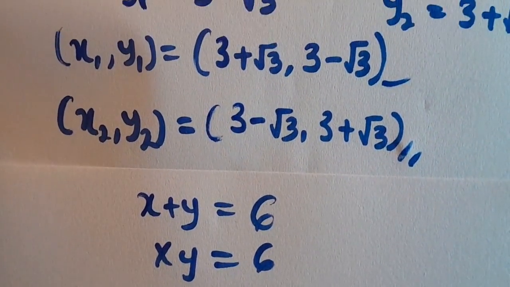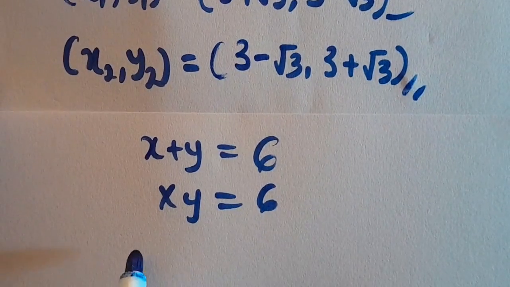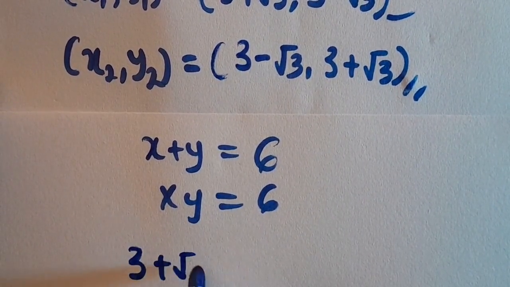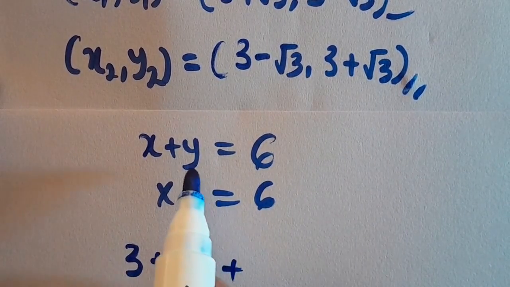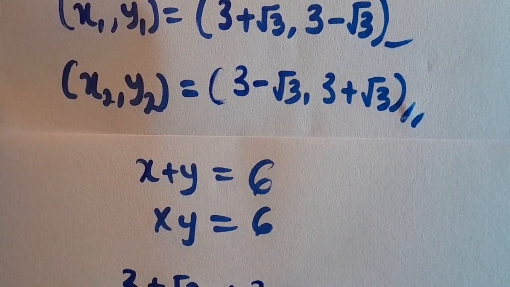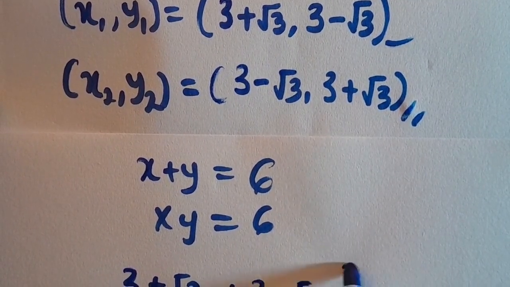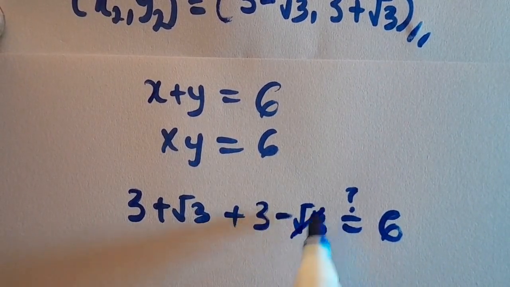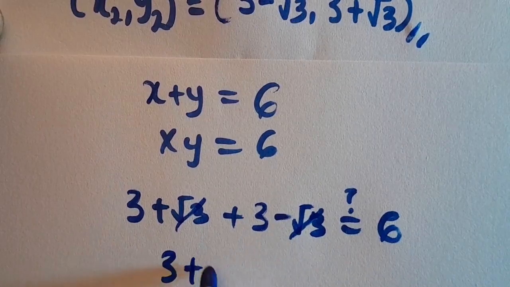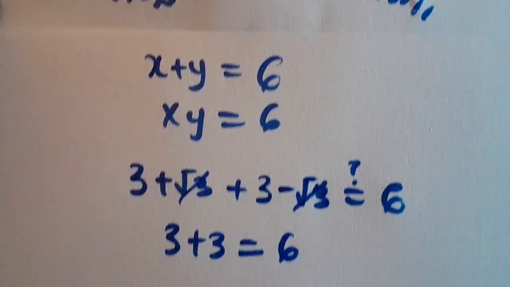We have 3 plus root 3, then plus 3 minus root 3 is going to give us 6. This can cancel this. You have 3 plus 3 equals 6.